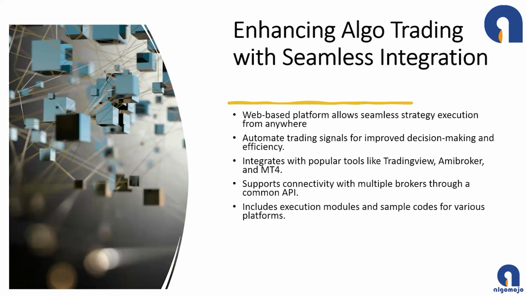Now, whatever codes or modules are required for automation, say in Amibroker or in TradingView, we provide those details. All you have to do is just copy them and paste them into your charts. Our focus has been to make the trading and investment cycle as simple and easy as possible.